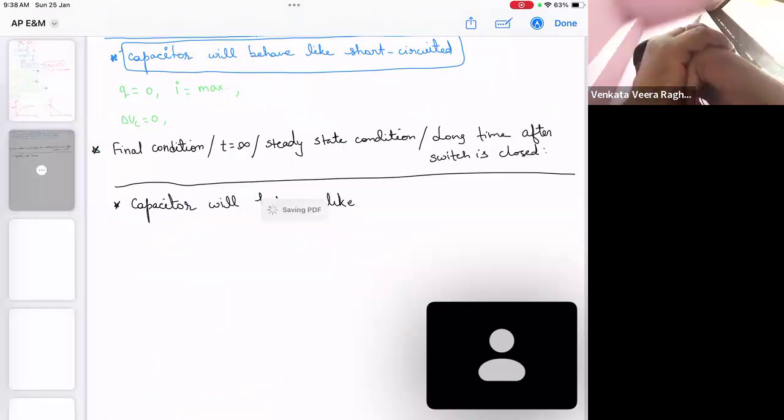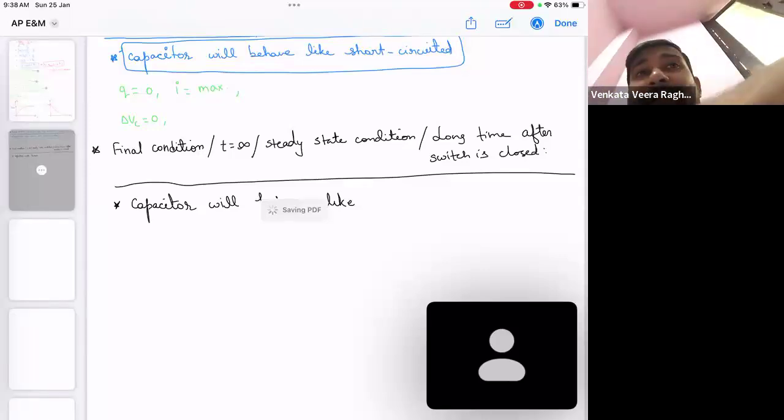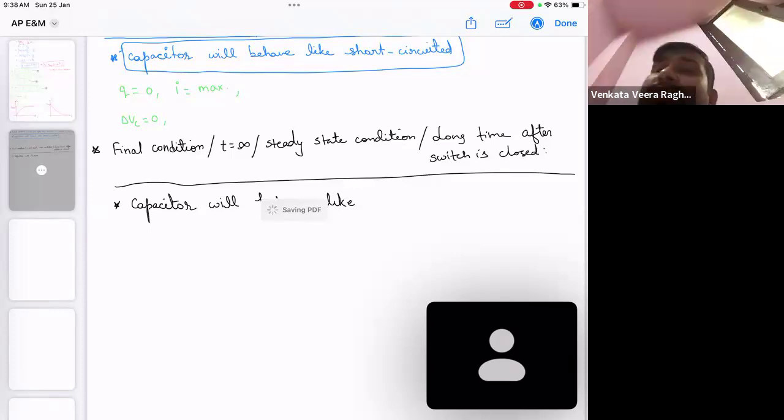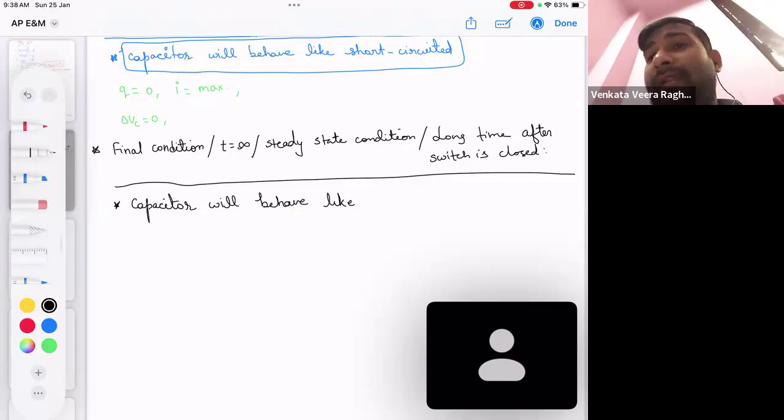If there is no current flowing through a branch, what does it mean? That branch must be open, because current always flows in a closed path. If current is not able to flow through a particular branch, that means that branch must be open. Okay, the capacitor will behave like what? Open circuit element.